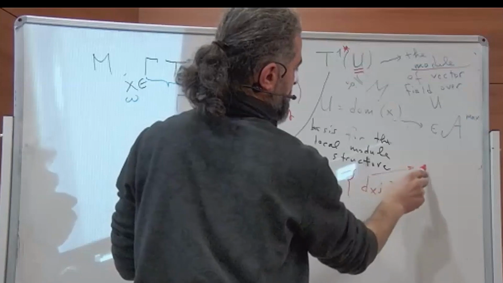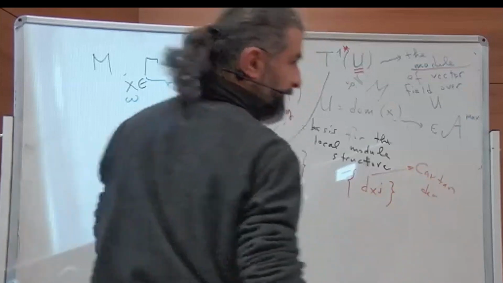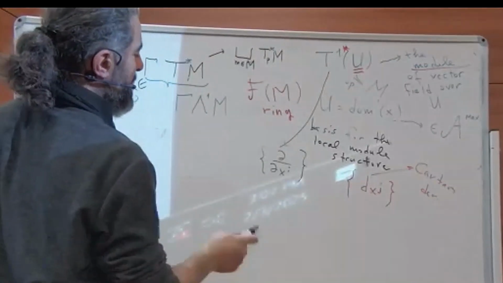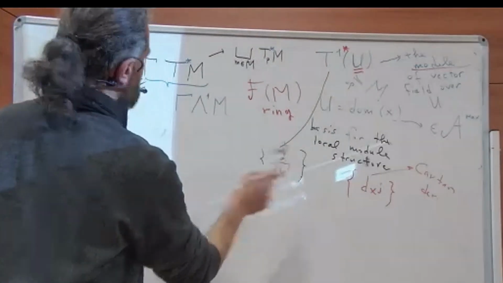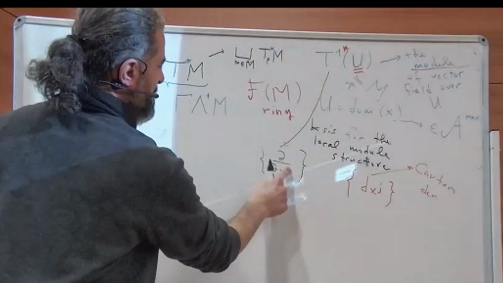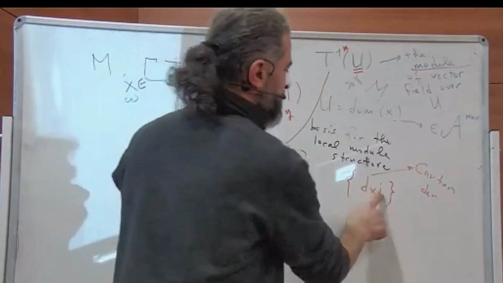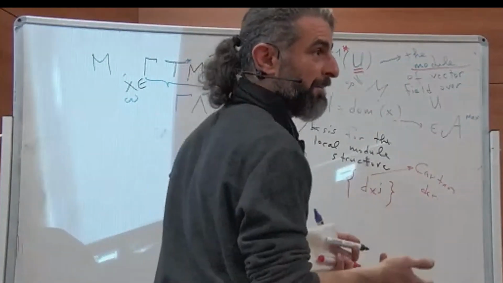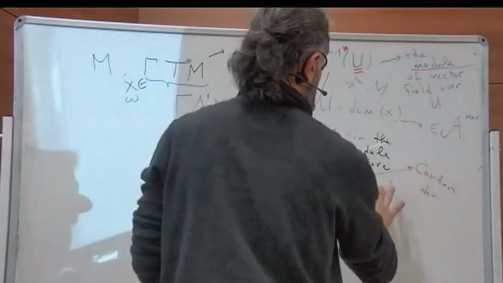This is again the cotangent. But let's put Greek indices, because we are using these indices when we are dealing with Lorentzian manifolds, as in the theory of general relativity, Einstein's general relativity.